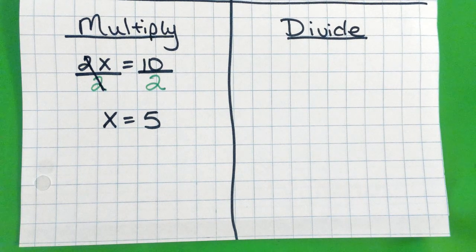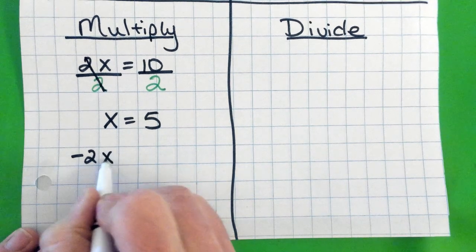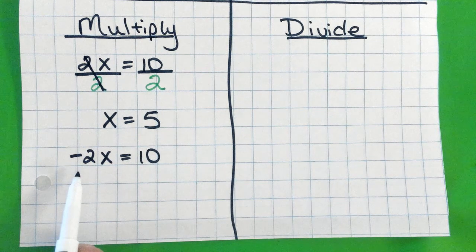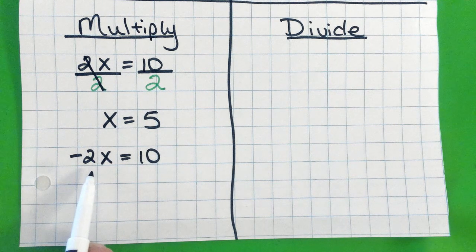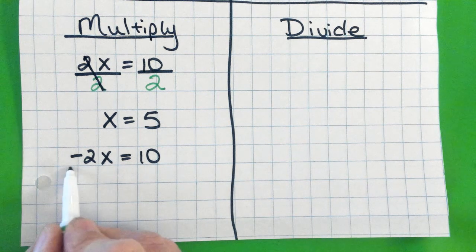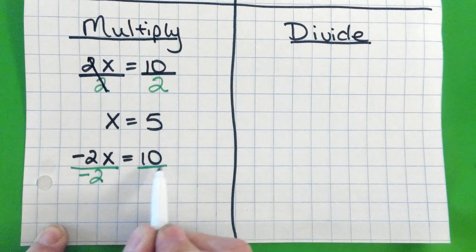Another question might be negative 2x equals 10. Now be careful because this is not a minus 2x. This is a negative 2 times x. And the opposite operation is not to add, it's to divide by negative 2. What you do to one side, do to the other.